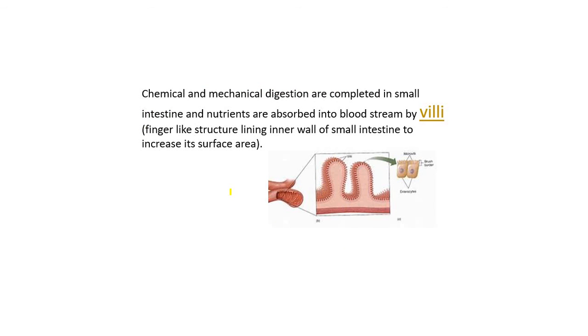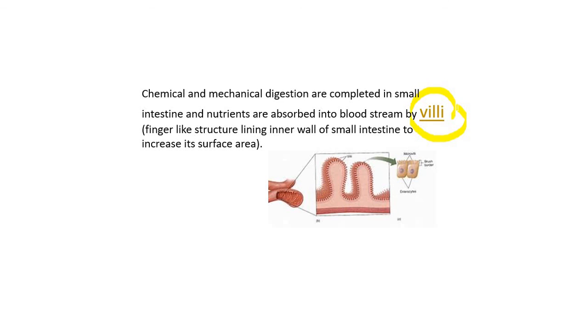So after complete digestion of food, how is this food transferred to the bloodstream to be used by the body cells to get energy and required nutrients? They are transferred through these tiny projections. You can see here, these are lining the small intestinal wall, and these projections are called villi.